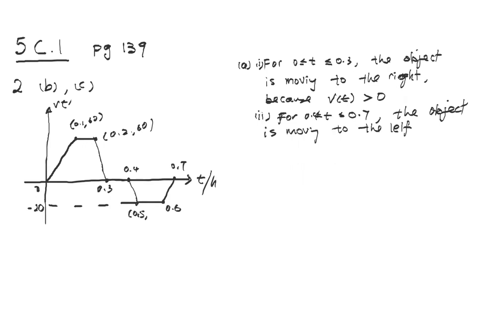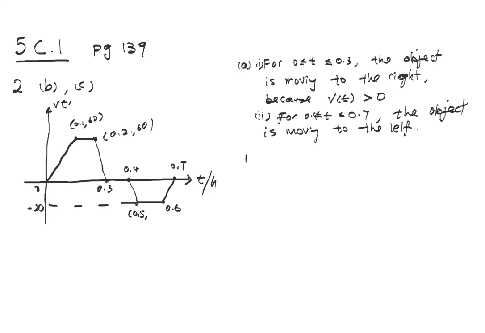What happened from 0.3 hour to 0.4 hour? The object stopped moving. So if you want to find the total distance traveled, I told you already, you have to find the total area bounded by the velocity curve.